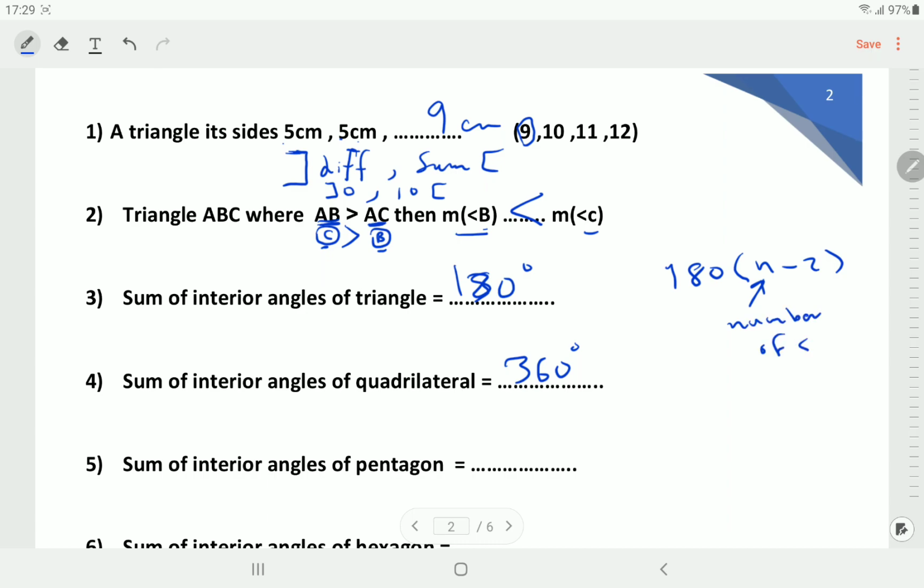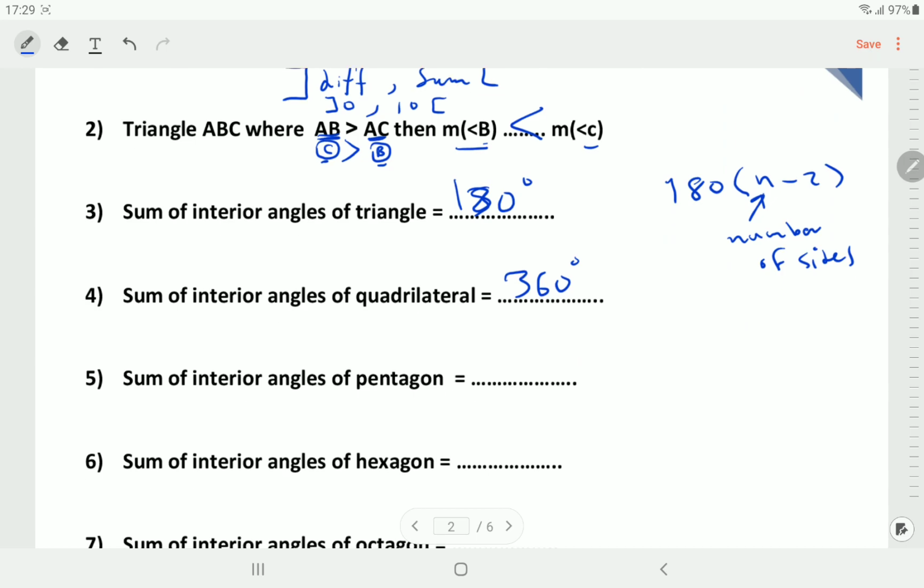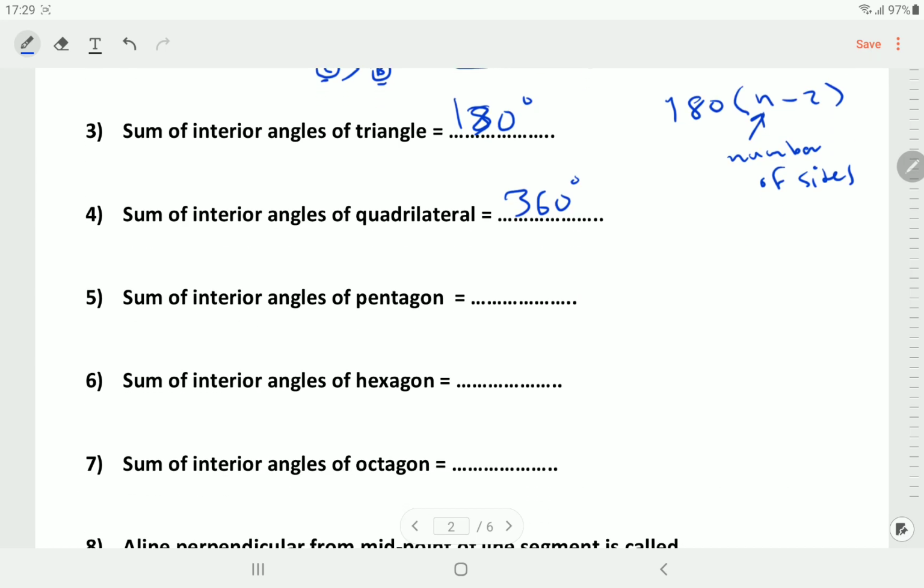If you want the sum of interior angles of a pentagon, you must know that a pentagon is a polygon with 5 sides. Then we can substitute n here: 180 times 5 minus 2. It's going to be 180 times 3 equals 540 degrees.